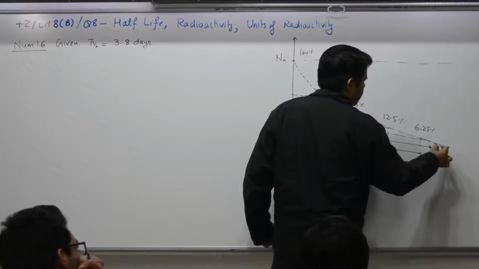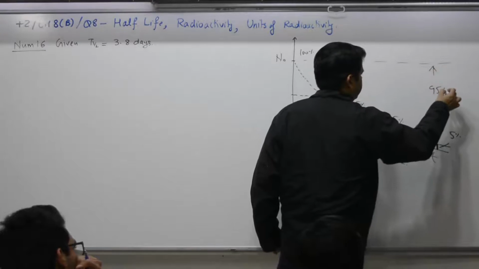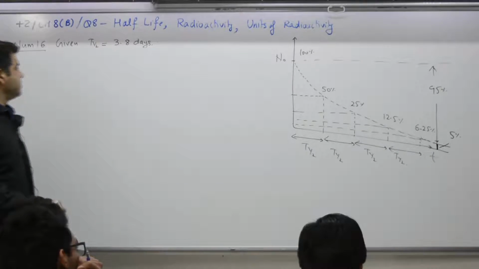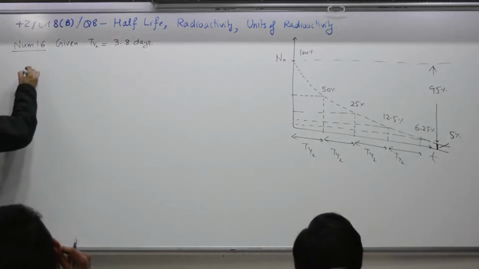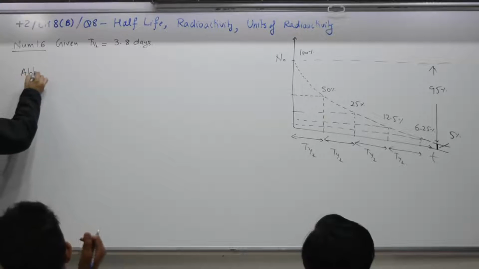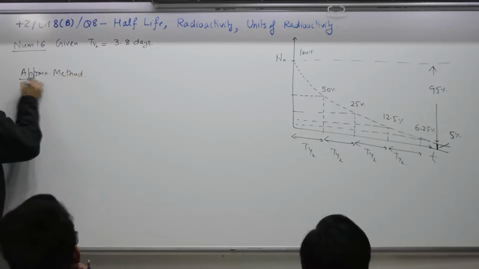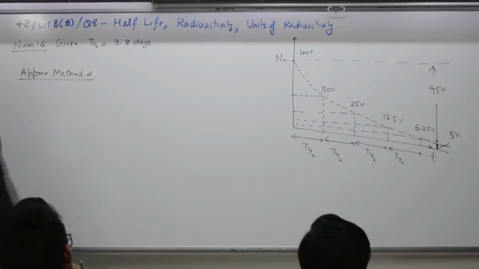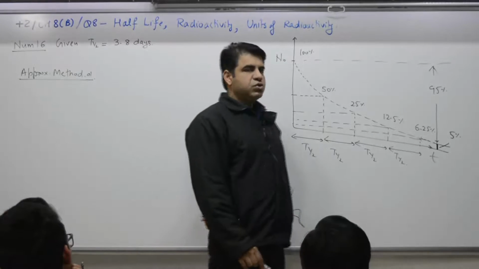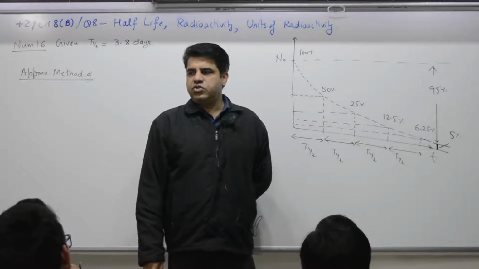Remaining population is how much? 5%. This is where we want to reach. There is an approximate method and an exact method. Approximate method, method 1. You have to find out the time during which the population reduces to 5% of the original. Try.